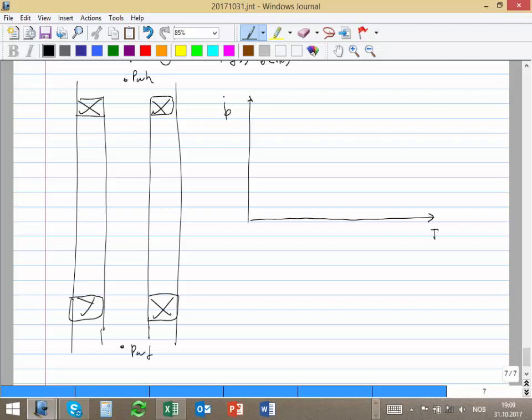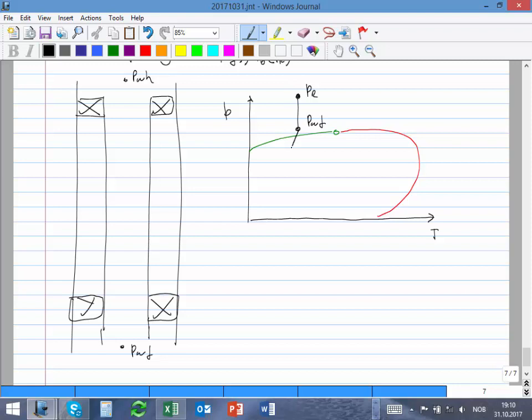T, P. So now let's say we are here, that's reservoir pressure. We are here, that's bottom hole pressure. And then we're going to go all the way down to P wellhead. Okay?